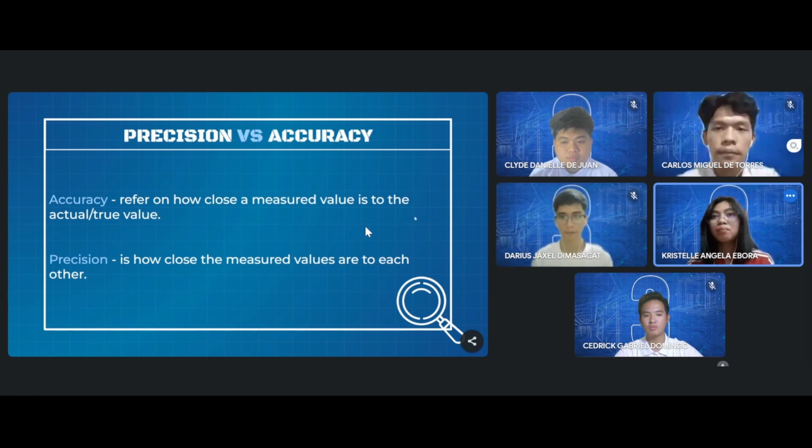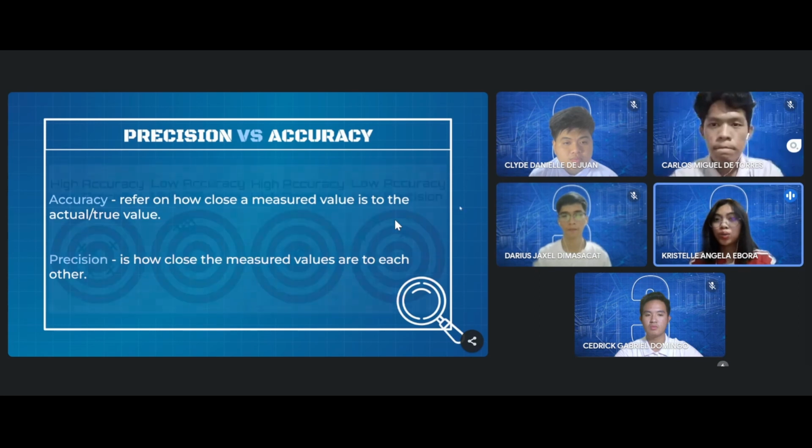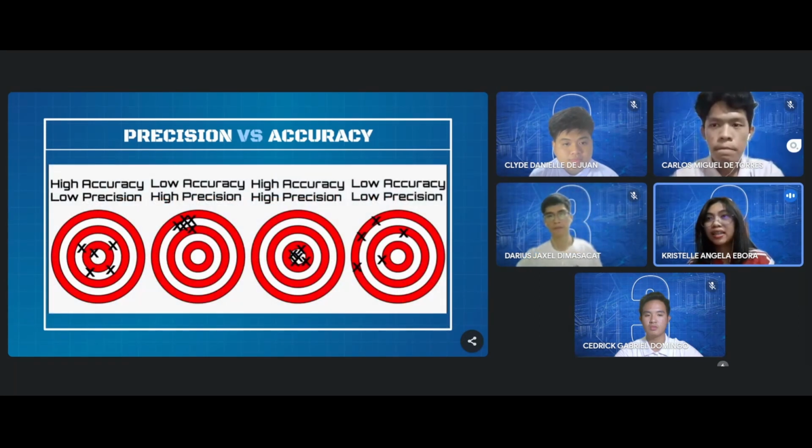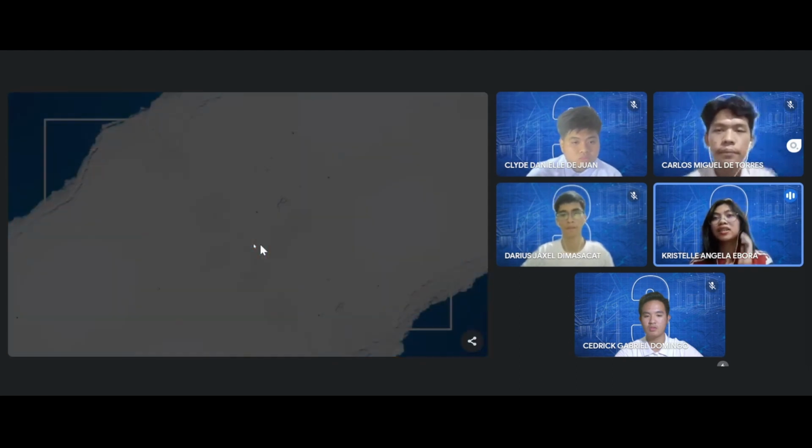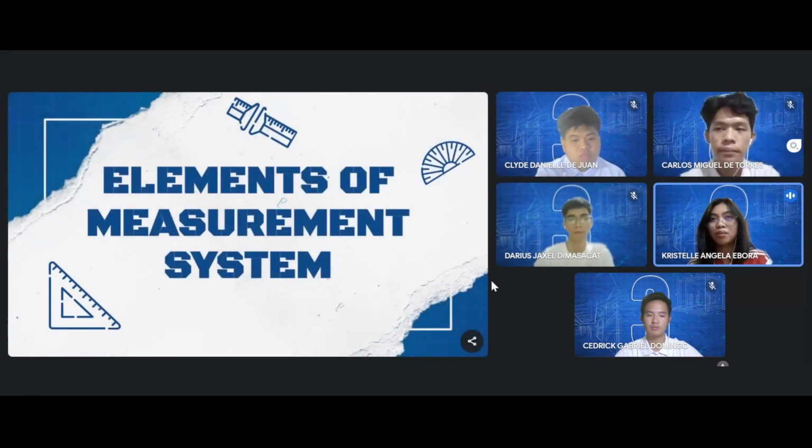On the other hand, precision relates to the consistency and repeatability of measurements, showing how close the measured values are to each other. Just like shown in the diagram, in hitting the target, the high accuracy shows how the shots were near the bullseye, while high precision shows how consistent the shots were to each other. Now, going forward, let's discuss the different elements of the measurement system.